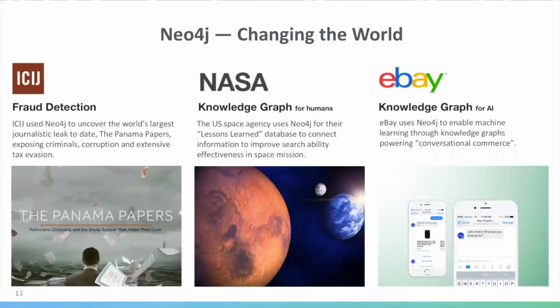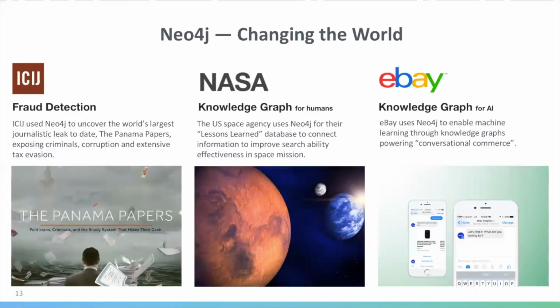The ICIJ Panama Papers is a big one, as well as the Paradise Papers. An investigation of data leaks that has uncovered all sorts of alleged tax avoidance and improper behavior amongst politicians and world figures.